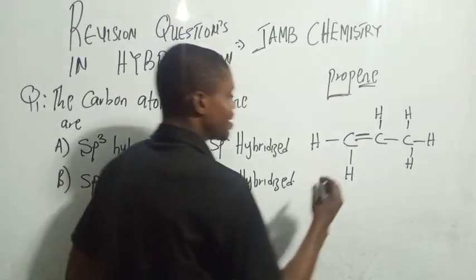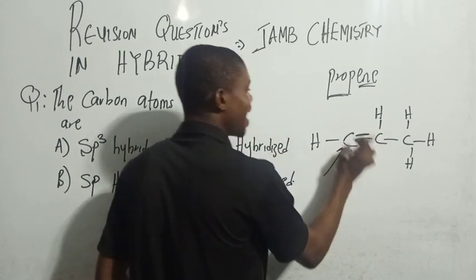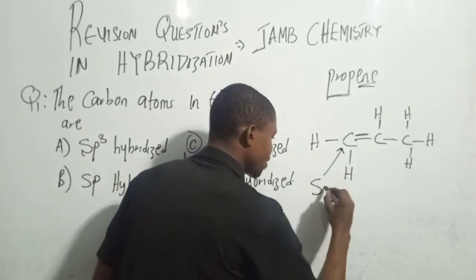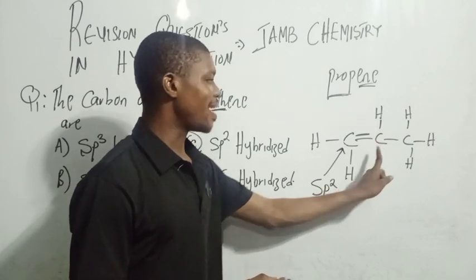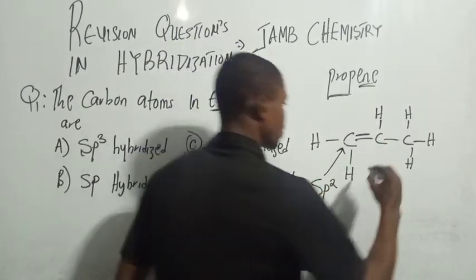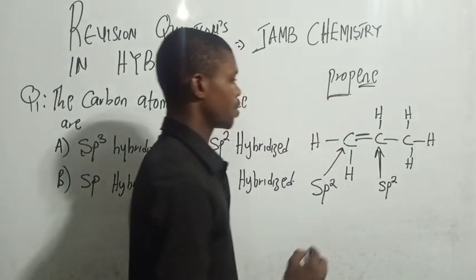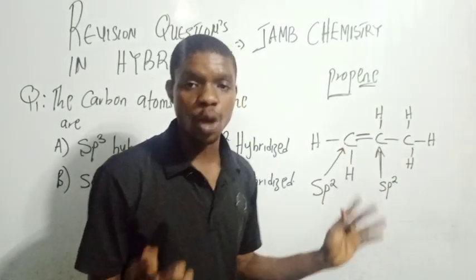Okay, so this carbon atom here is carrying a double bond. So any carbon atom that carries a double bond is sp2. Now this carbon atom, it doesn't carry this double bond here, so you also have sp2. Now this one here does not contain a double bond.